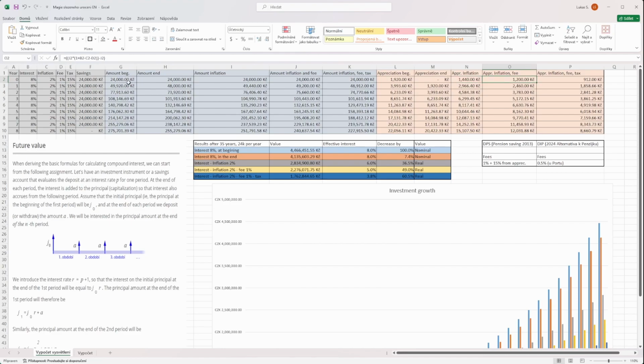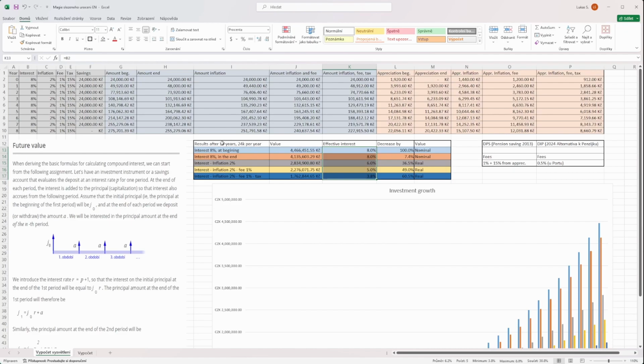In case of appreciation of inflation and fee, we will decrease the appreciation by inflation and fee. And then finally here we are actually removing from 8% interest the 15% from 8%, which is 1.2%. So it's like 8% minus 1.2% minus 2% inflation minus fee. We will see it actually here where we calculate the nominal interest.